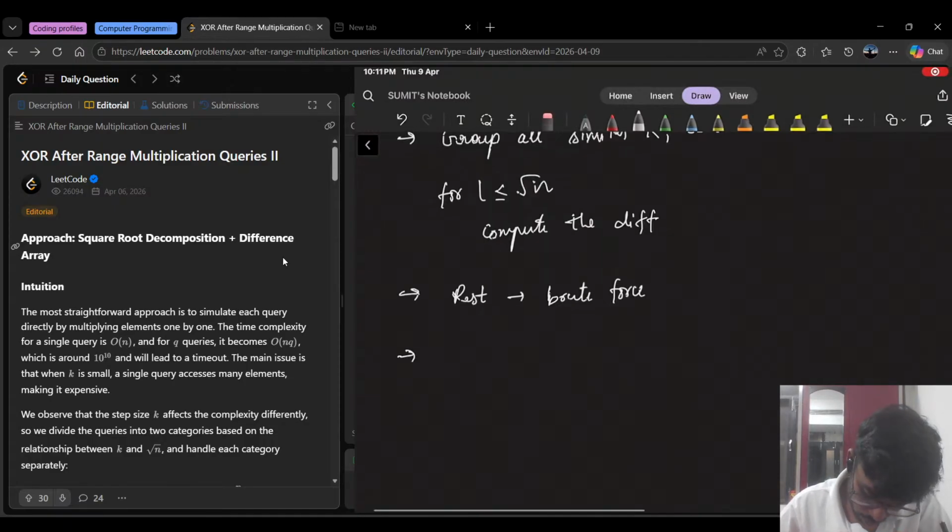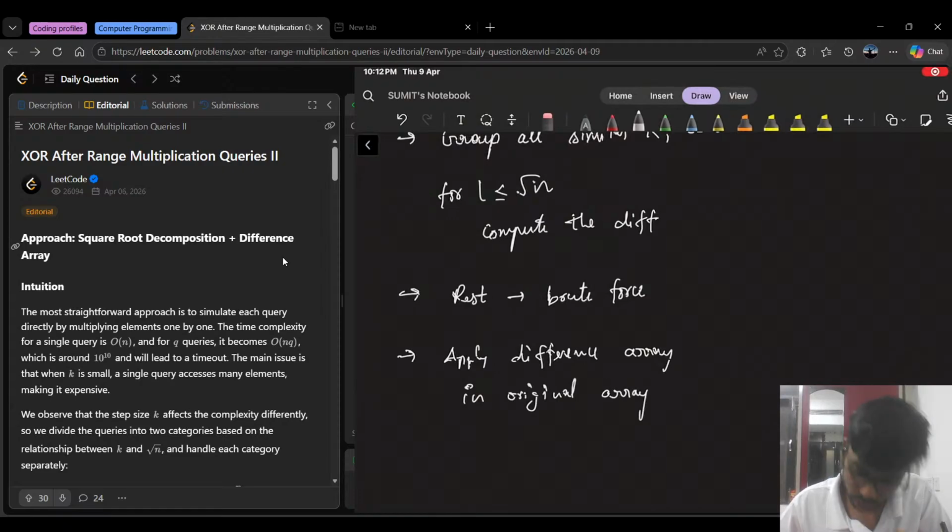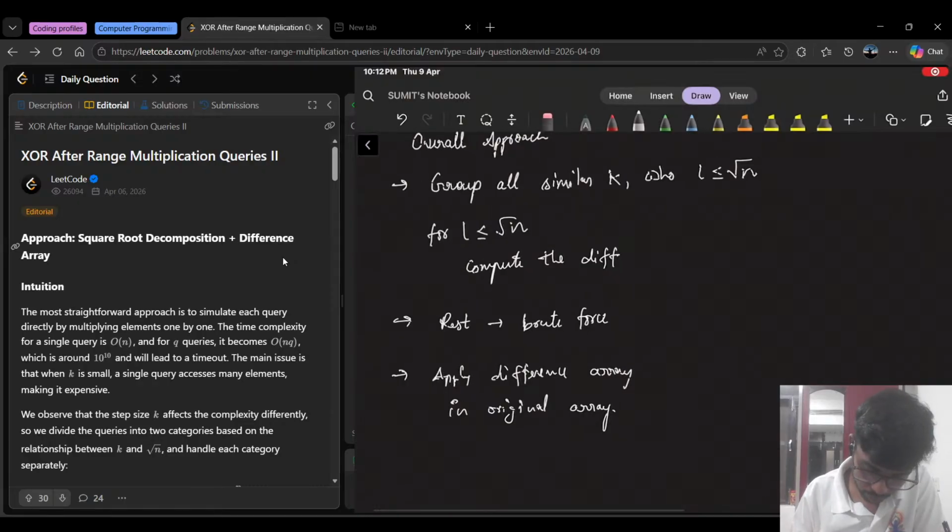Then apply the difference array to the original array. Now this is the overall idea.